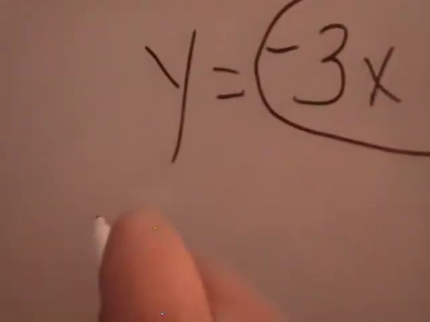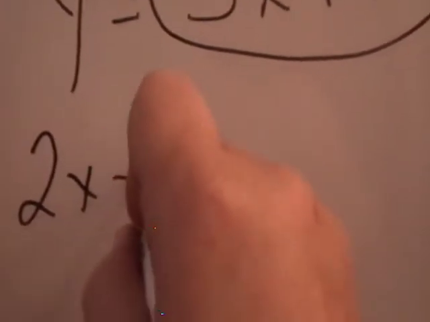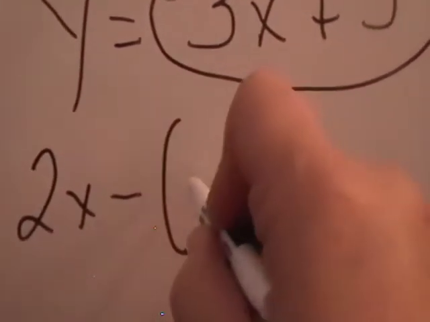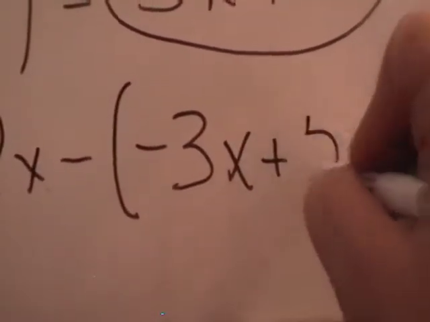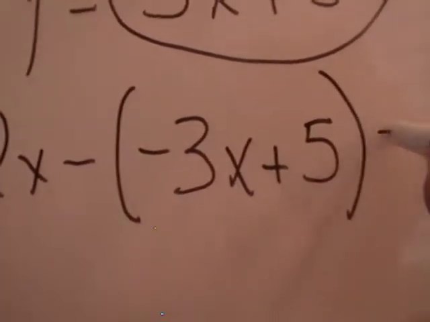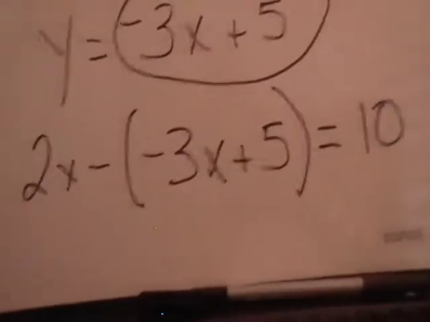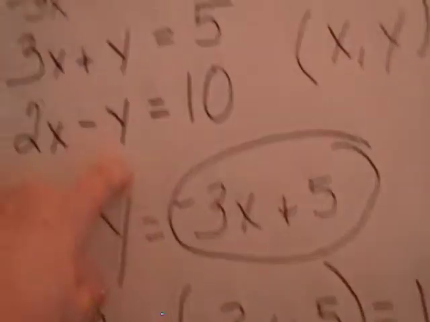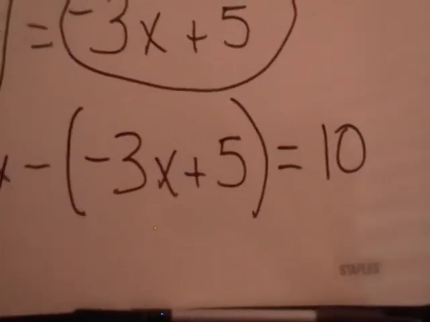So we would rewrite the second equation as 2x minus, got to keep the minus there, and I'm going to put in parentheses the negative 3x plus 5, and then equals 10. So there is my full substituted in. Remember, everywhere I found y, I put in that negative 3x plus 5.